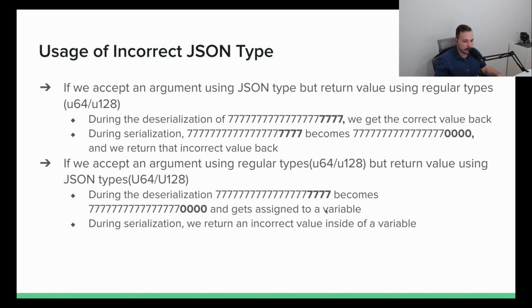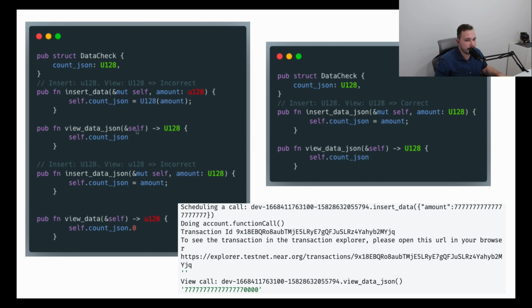And it gets assigned to a variable, and during serialization, even though we're using a correct JSON type, since the value is incorrect, we just stringify it, serialize it and return it to a user. But since in the beginning it was incorrect, we just return an incorrect value, even though we're using a correct JSON type.